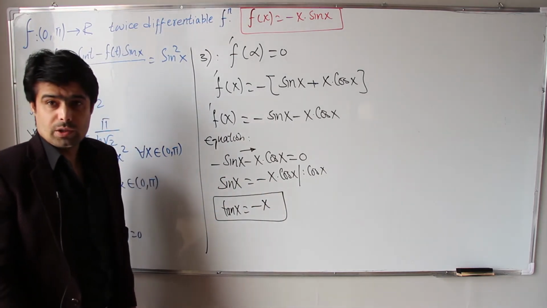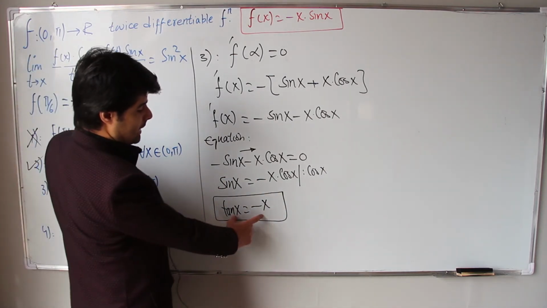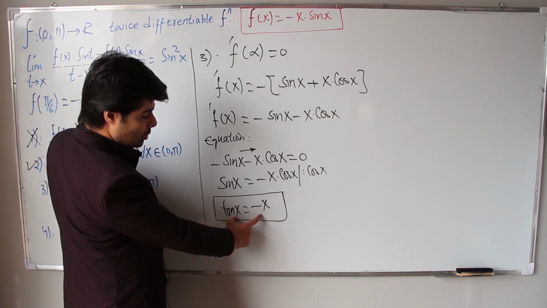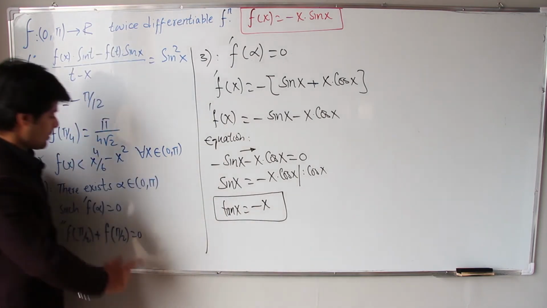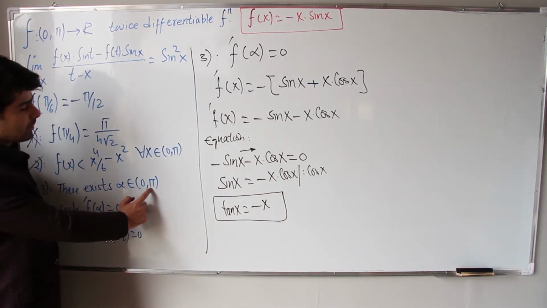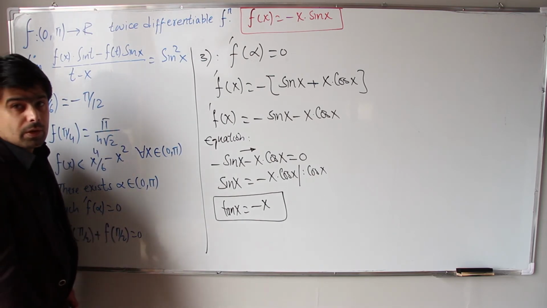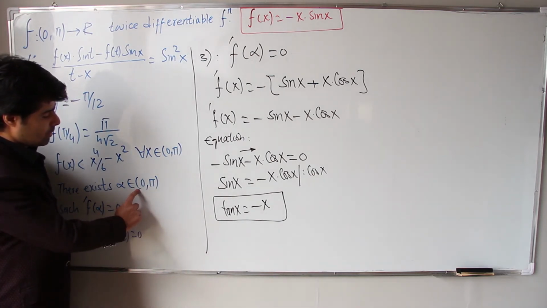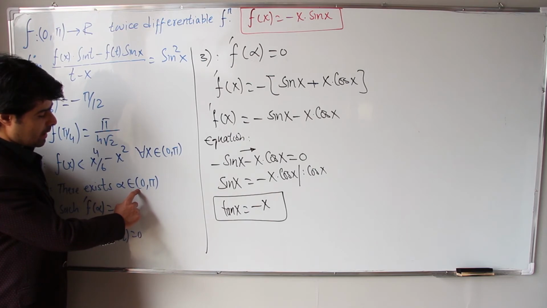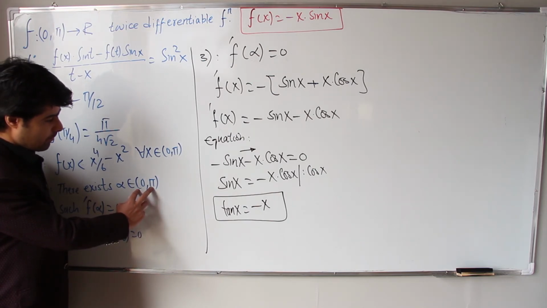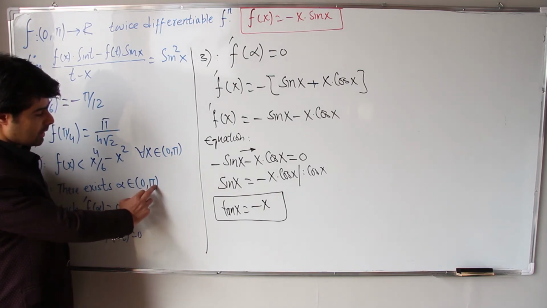This is an equation. Now what's asked? That the solution of this equation is between 0 and pi. We cannot include 0. Why? Because it is an open interval, and I cannot take the pi. Why? Because it's an open interval.